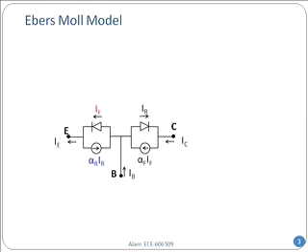Similarly, this goes crosswise. So alpha F times IF depends on IF on the other junction. This reflects the fact that the current you push through emitter to base, when you forward bias it, the same current flows to the collector side. That cross coupling is reflected by these current sources.